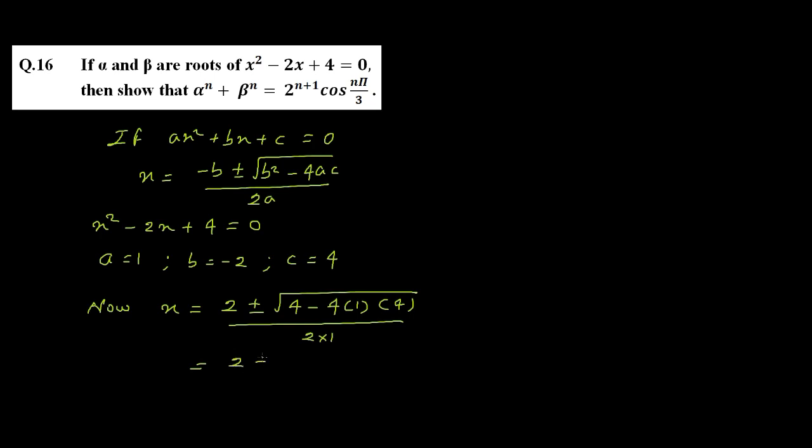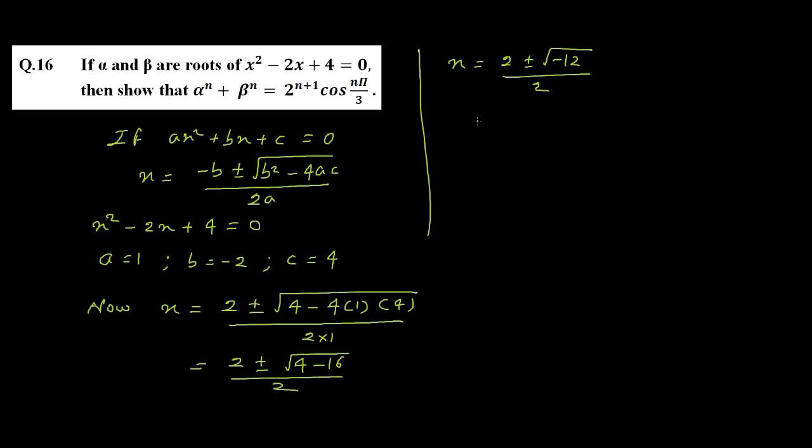So I am getting here 2 plus or minus root over 4 minus 16, by 2, that is x is equal to 2 plus or minus root over 12 by 2.